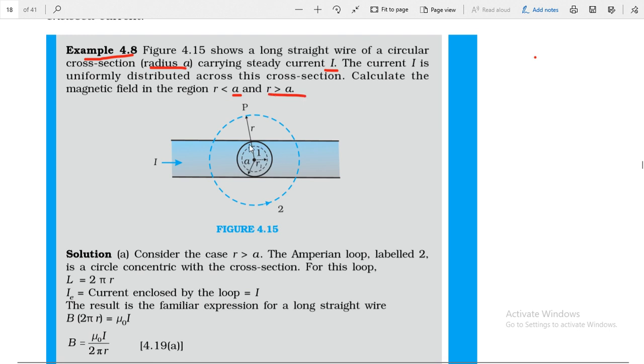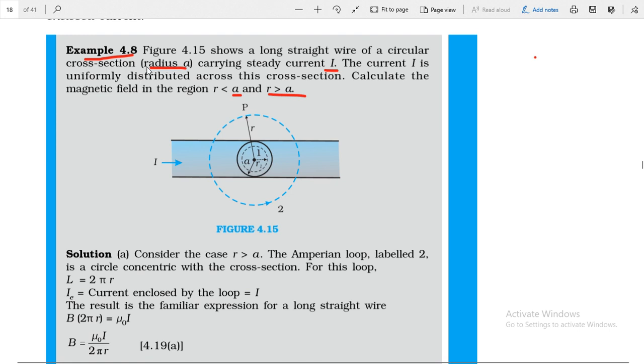If the radius is a and r is greater than a, it means we want to find the magnetic field at a point outside this conductor. And if r is less than a, it means we want to find the magnetic field inside this conductor. Now let us revise the given quantities.